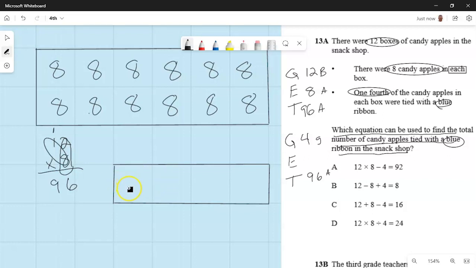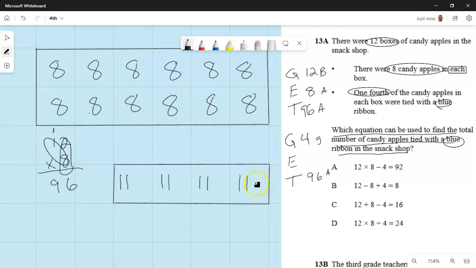When I draw base 10 blocks, my 10s are going to be my rods. So I'm going to give that a try. That's 10, 20, 30, 40, 50, 60, 70, 80. And I can't put another 10 in each box. If I put another 10 in each box, that would put me at 120, and I don't have 120 apples. I only have 96 apples.